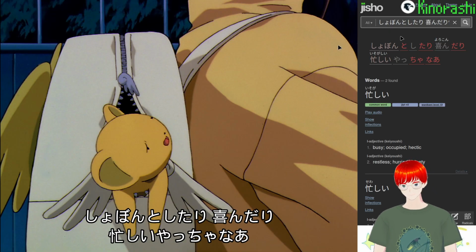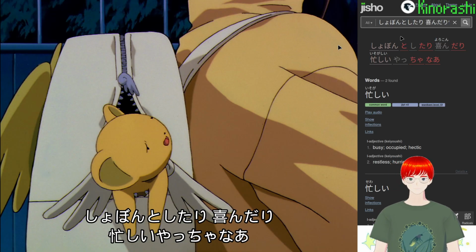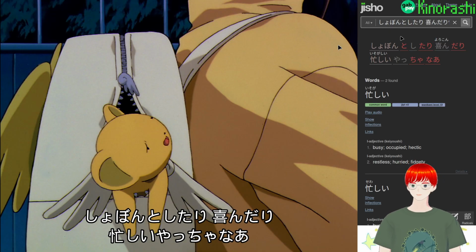Okay, this structure sets up a list of contrasting emotional states leading into the final evaluation comment, isogashi yachana. It is a highly colloquial and expressive contraction. It does not mean busy person, but rather serves as an emotional exclamation about the state of being busy, specifically the busyness of emotional life suggested by the earlier. Okay.